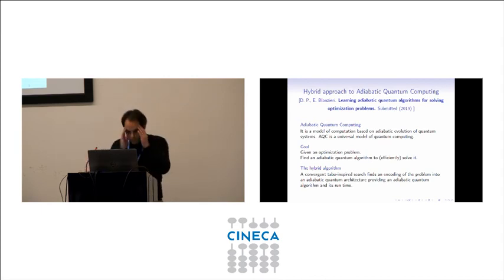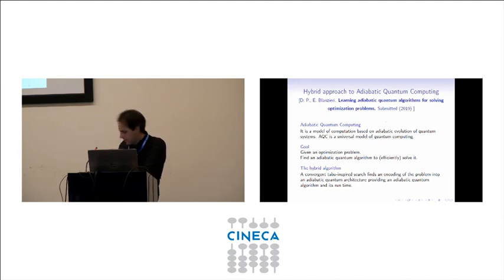So in this paper we propose a hybrid algorithm that is a generalization of the algorithm that I summarized in this talk, where a convergent taboo-inspired search finds an encoding of a given problem into an adiabatic quantum architecture, providing an adiabatic quantum algorithm and its runtime.